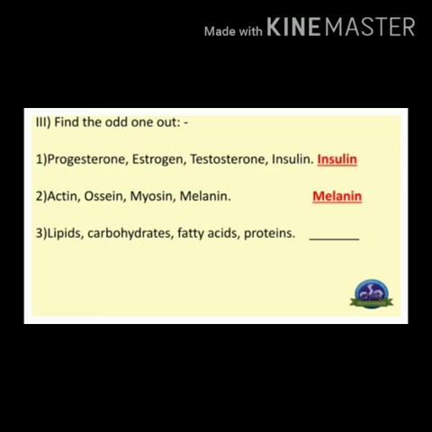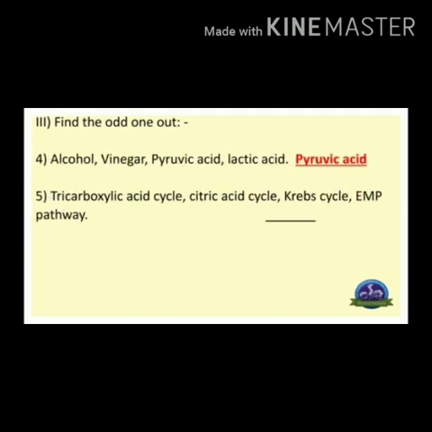Third one, lipids, carbohydrates, fatty acids, proteins. Answer is fatty acids, because all others are food constituents. Fatty acids is soluble nutrients. Now fourth one, alcohol, vinegar, pyruvic acid, lactic acid.